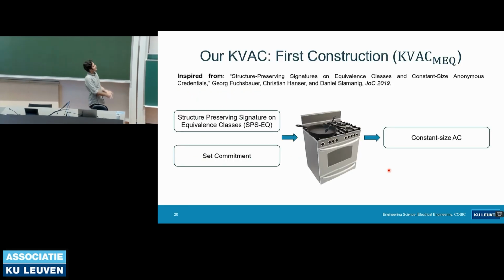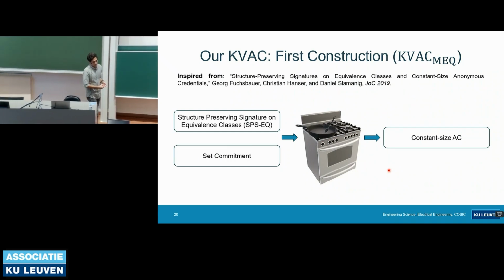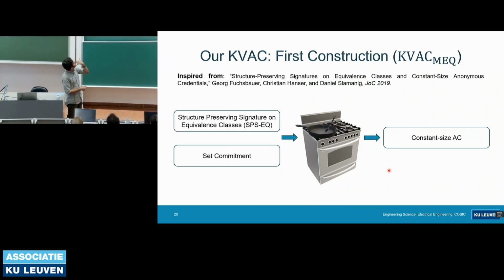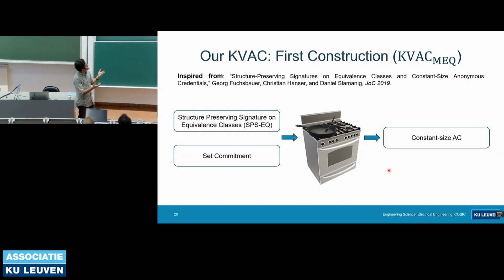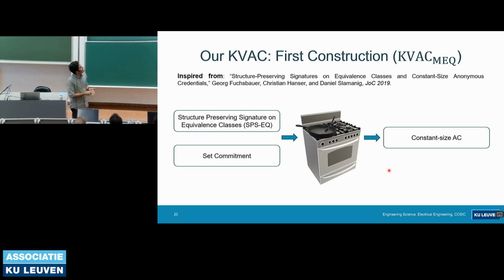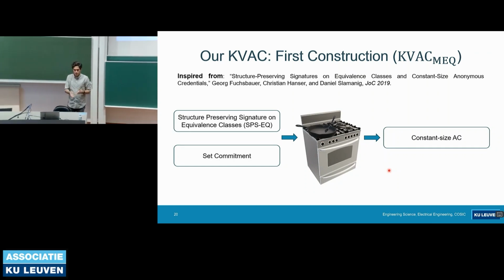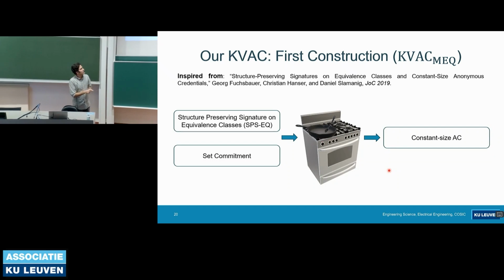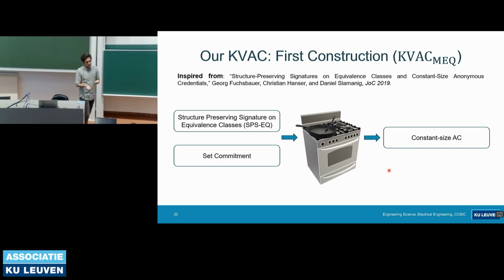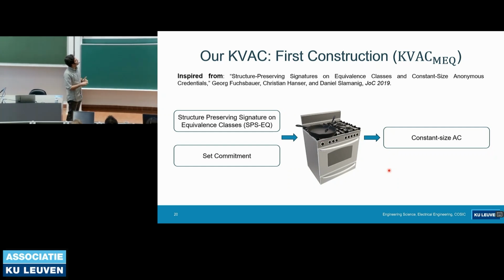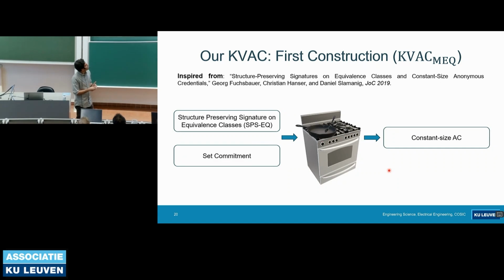Our first KVAC construction takes heavy inspiration from this paper, which is "Structure-Preserving Signatures on Equivalence Classes and Constant-Size Anonymous Credentials." In 2019, this was done by these authors in a publicly verifiable counterpart. They could achieve a constant size anonymous credential in the publicly verifiable setting.